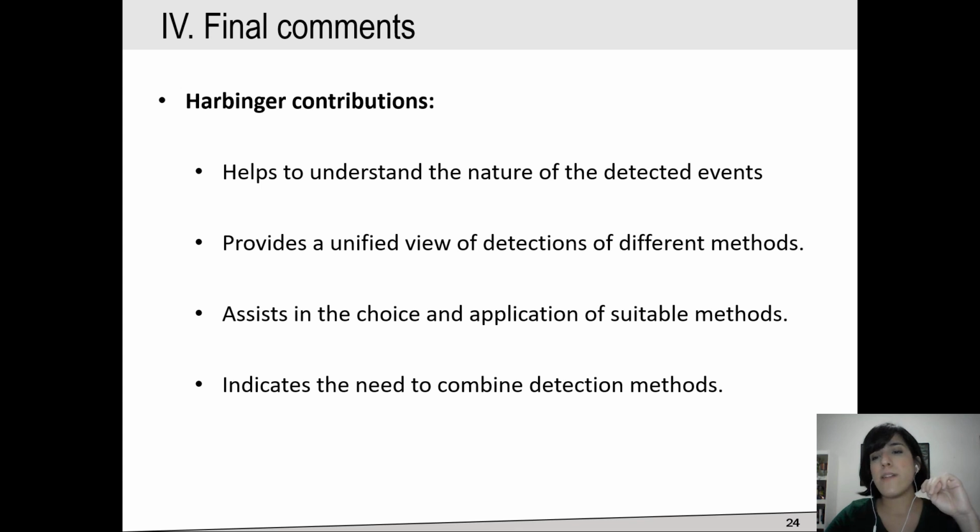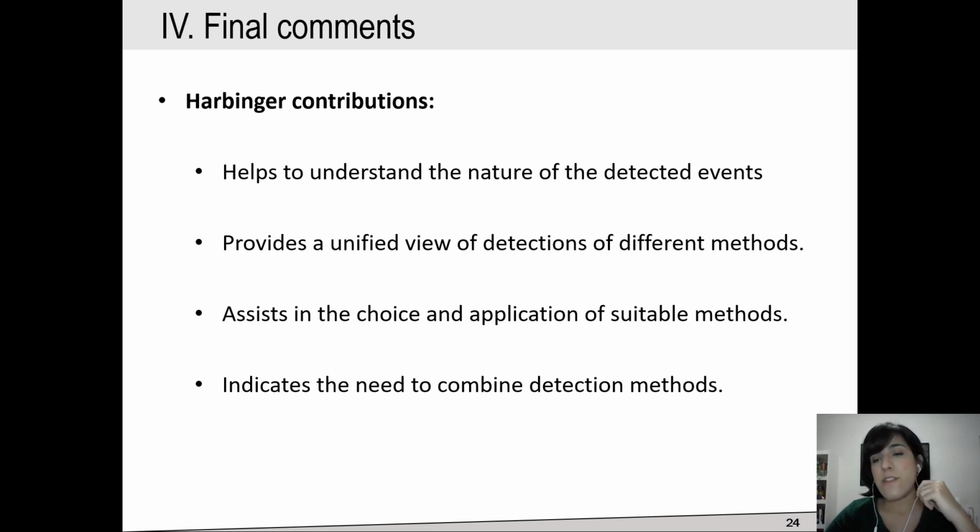And it was found that Harbinger helps to understand the nature of the detected events, as well as provides a comprehensive and unified view of the detections of different methods combined in order to avoid problems such as the disregard or erroneous identification of events that in turn could perhaps harm applications that depend on event monitoring.